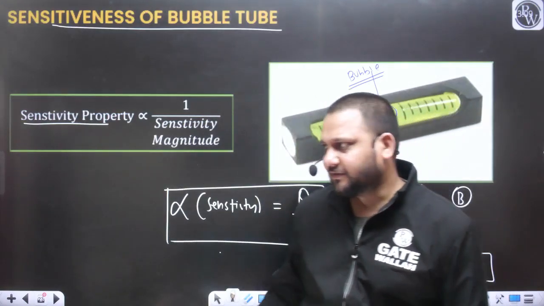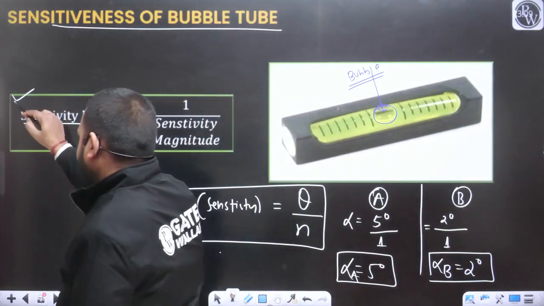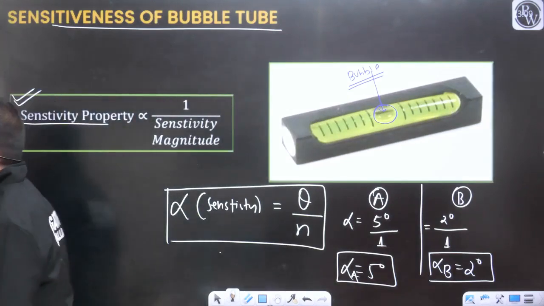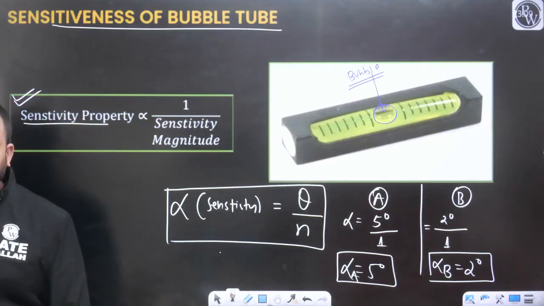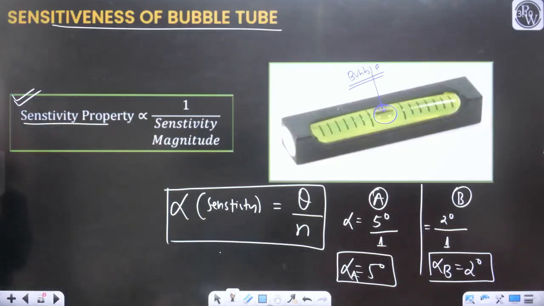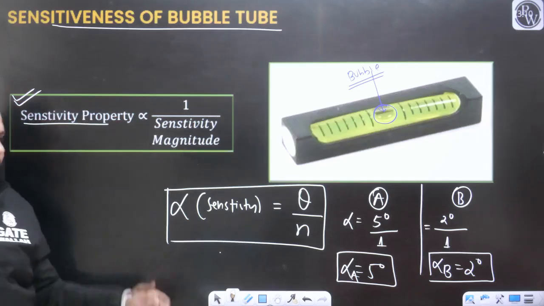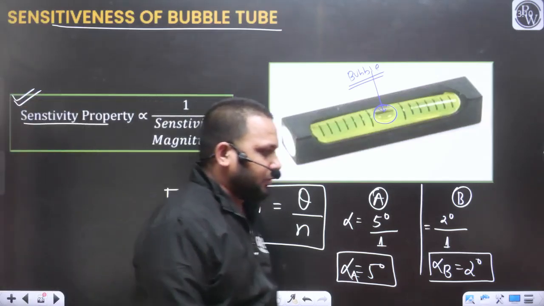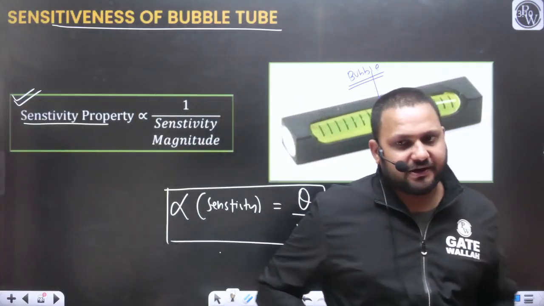Now I think this point is clear to everyone. Yes or no? We can say the sensitivity property and the sensitivity magnitude are related to each other with an inverse relationship.